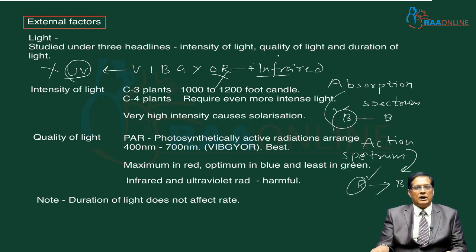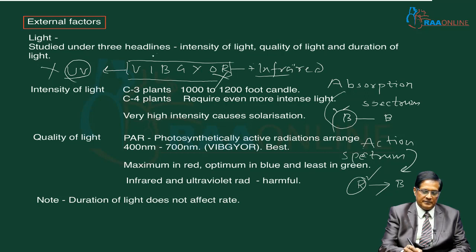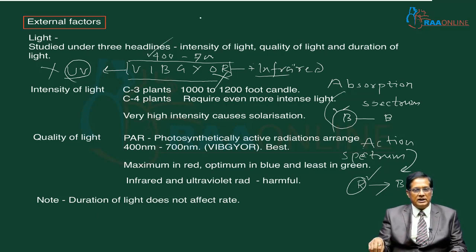Green plants photosynthesis takes place only in visible spectrum, and it ranges between 400 to 700. That's why this is called PAR, that is photosynthetically active radiation.